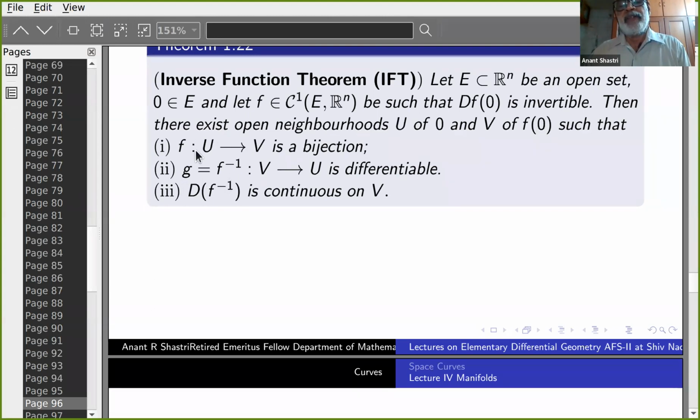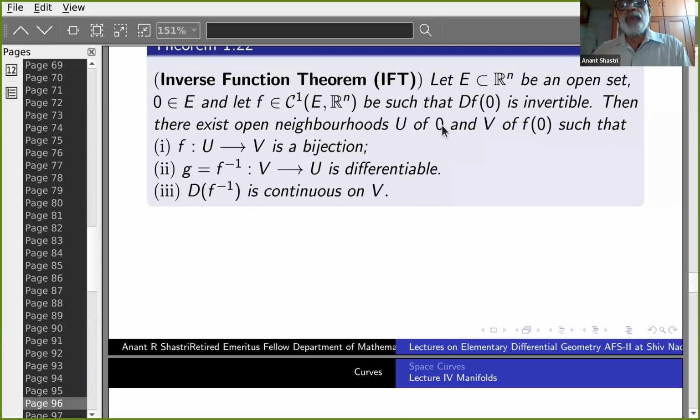If G is F inverse, that is also differentiable. Moreover, the derivative of G is continuous on the whole of V. In other words, the inverse is also continuously differentiable.